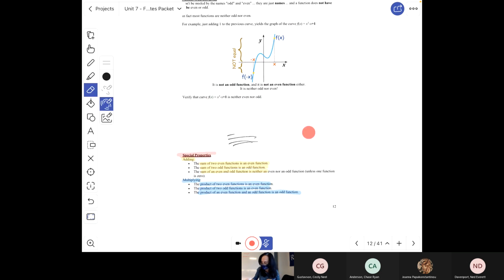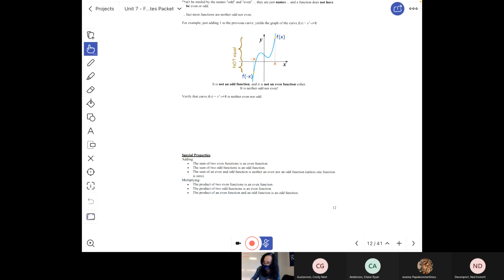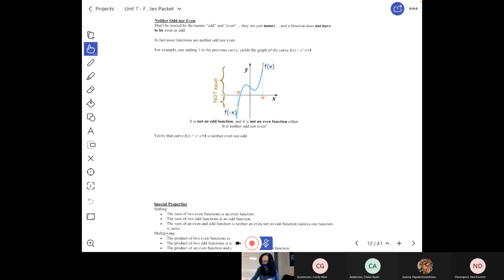Now, there's some very special properties that will help you. So you can try this one as an example, determine if it's even, odd, or neither. Do we want to do that together, or do you want to try that now? Go ahead, try it. Tell me if it's even, odd, or neither.